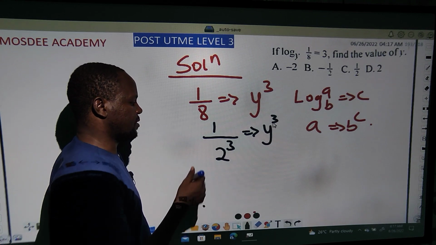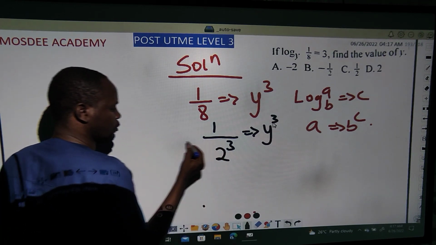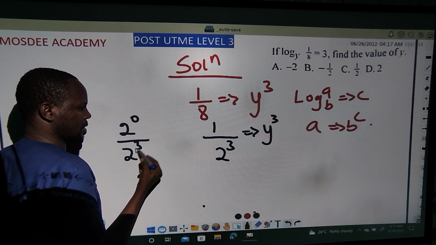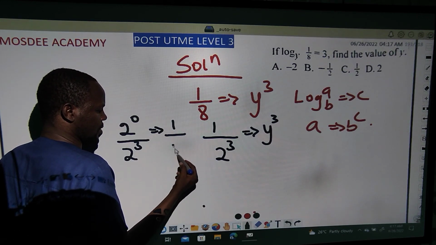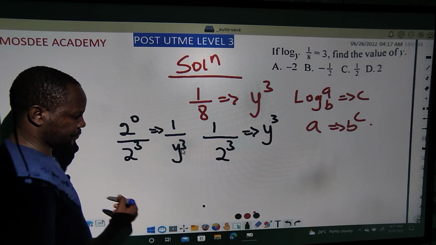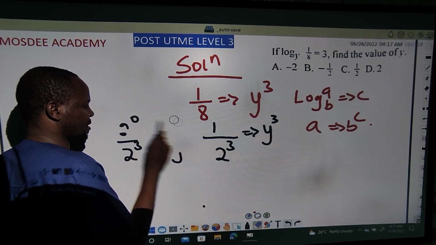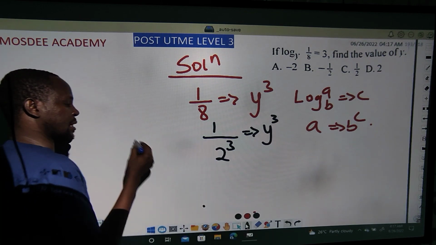So if I want to do that, I can say 2 raised to power 0 over 2 raised to power 3, and 2 raised to power 0 is also 1. You learnt that 2 raised to power 0 over 2 raised to power 3 equals 1 over y raised to power 3. Or, if that is not clear, let's also do it like this, because I know most of you are used to 2 raised to power minus 3. Let me do it like that too.